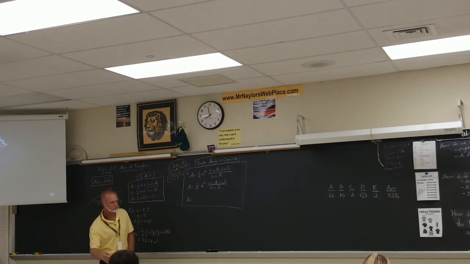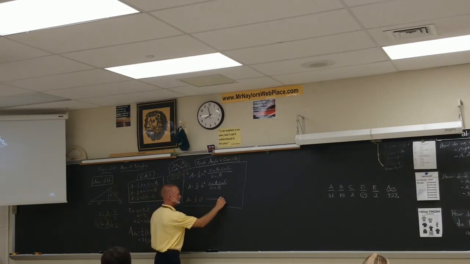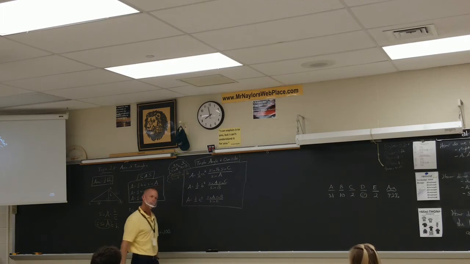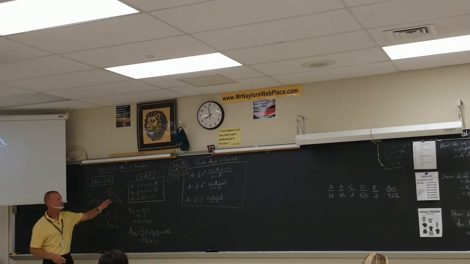How'd you fill it out, Brandon? Area equals 1/2 C squared times sine A sine B over sine C. Very good. Now, sometimes at this point in the lesson, people are like, whoa, what's going on here? Work your way back through.